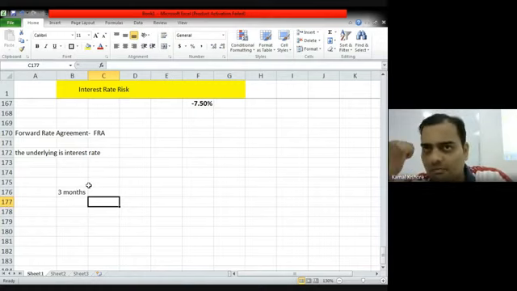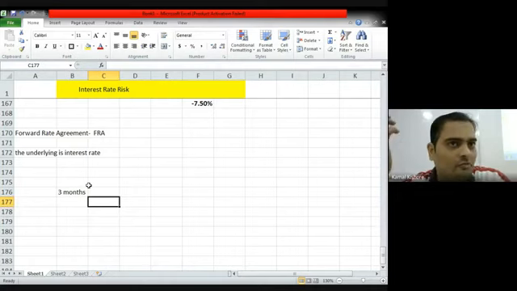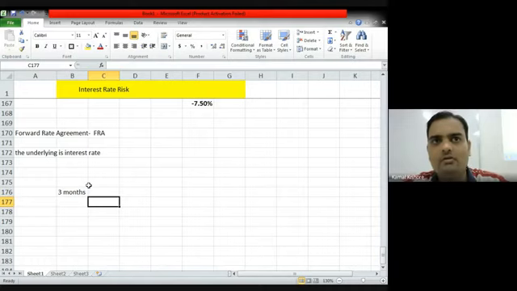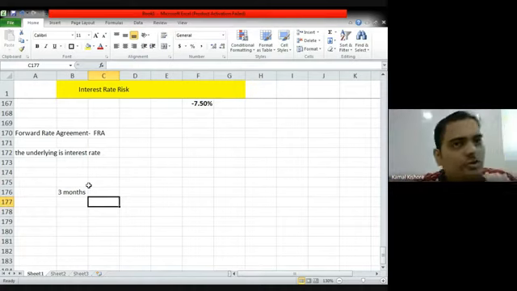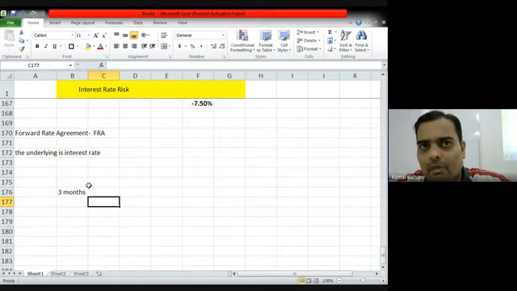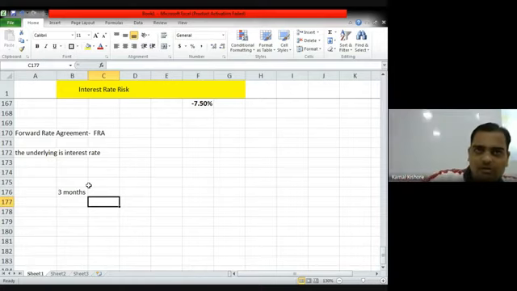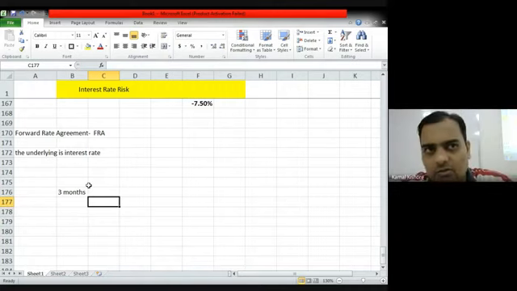I don't have any requirement of money after 3 months, so that will be surplus money available. I want to invest it, but I feel after 3 months the interest rates will come down. So let me freeze the interest today. So I'm entering into an agreement to freeze the interest rate, which is called a forward rate agreement.